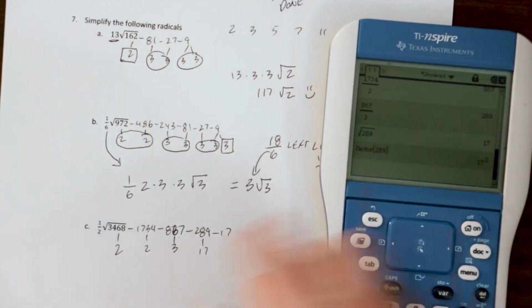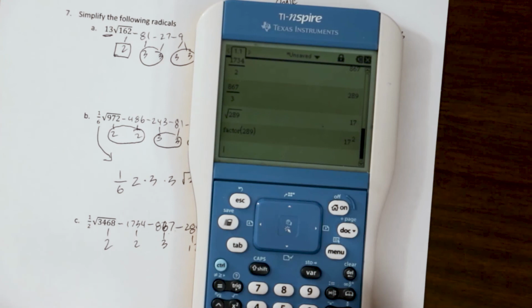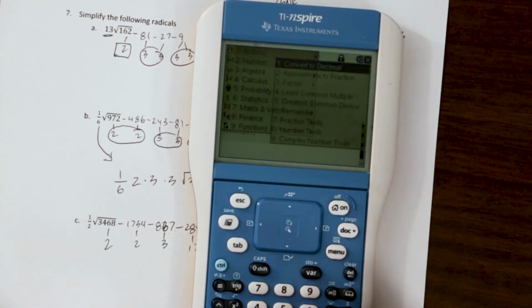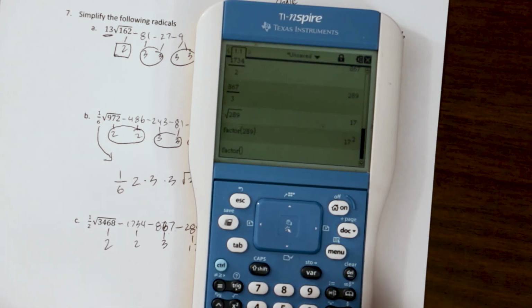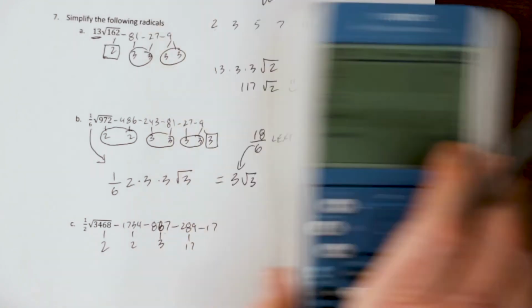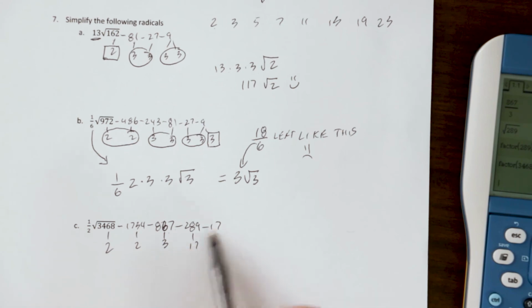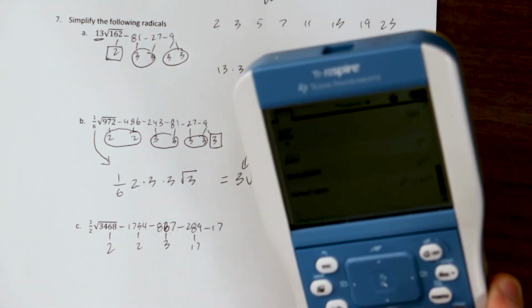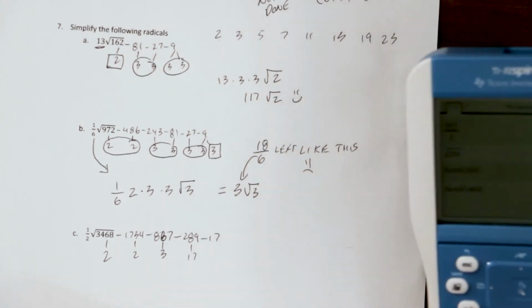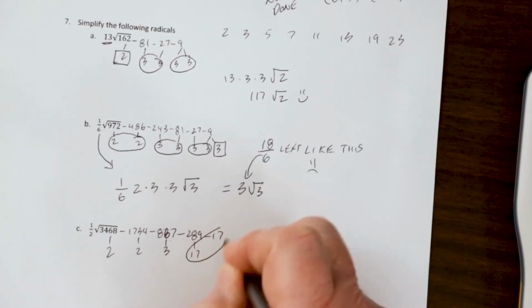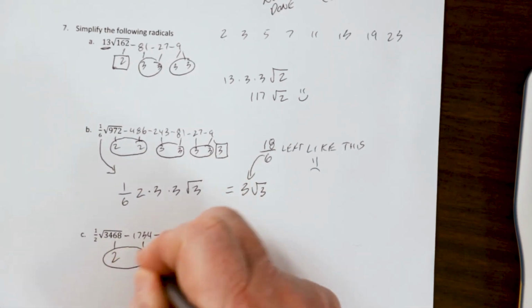So if we go back and do 3,468, I do menu, 2, 3, and then 3,468, and it tells me it's 2 squared, 3, 17 squared, which is what I have, because I have two 2s, two 17s, and a 3. So once again, that was menu, number, and then 3 factor, and it'll give you that prime factorization. Totally forgot about that. Stick around long enough, you might learn something with me. Not all the time, but.